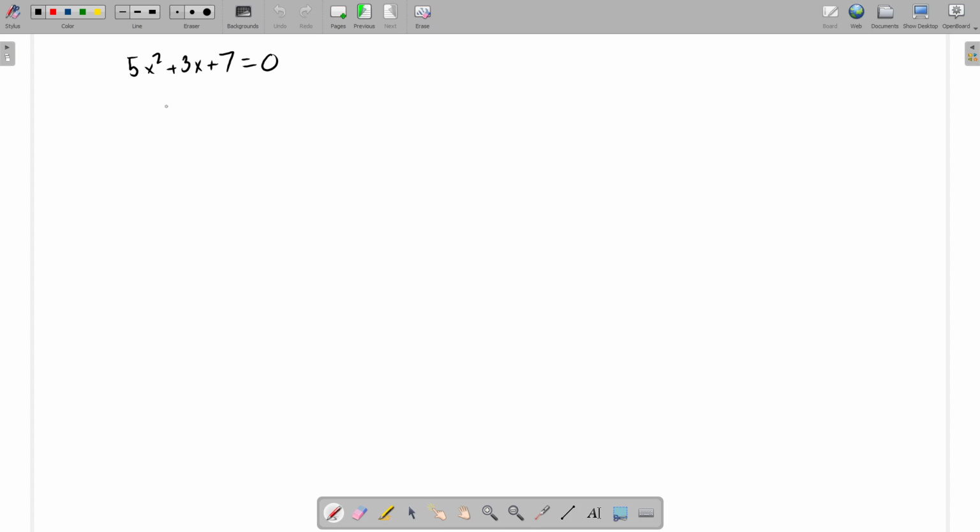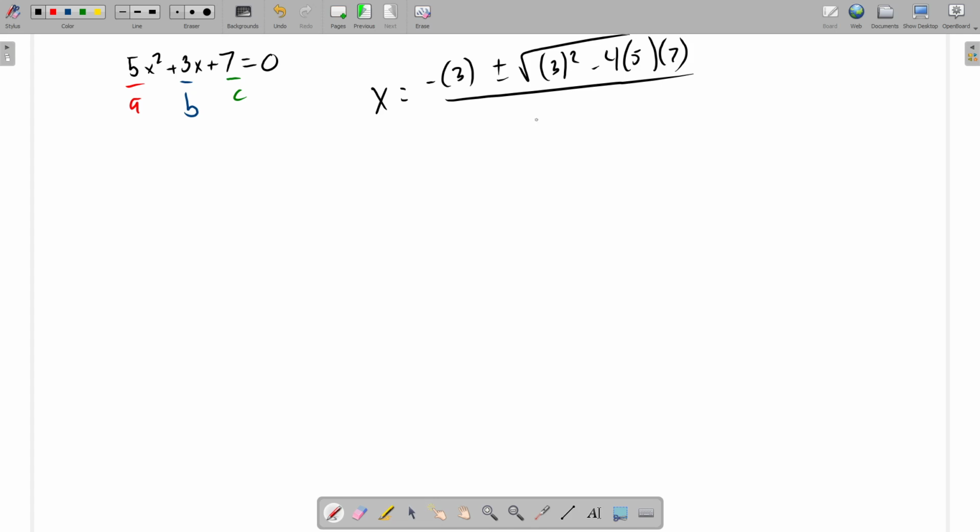Finally, we have one more example. Identify what a is, what b is, and what c is, and then plug and chug into our quadratic formula. So negative b plus or minus the square root of b squared minus 4 times a times c all over 2 times a.